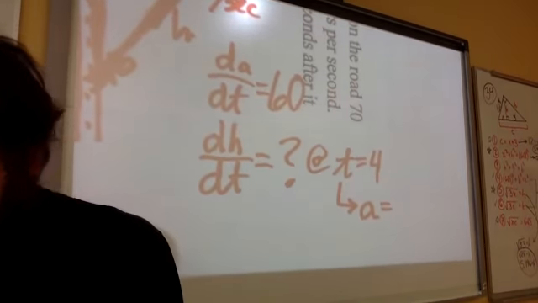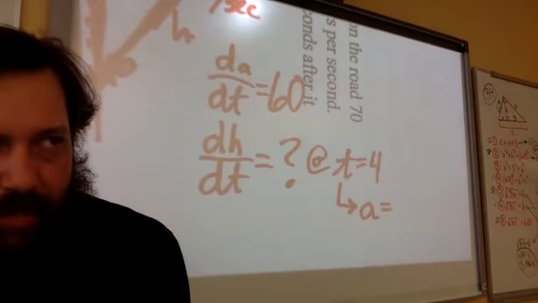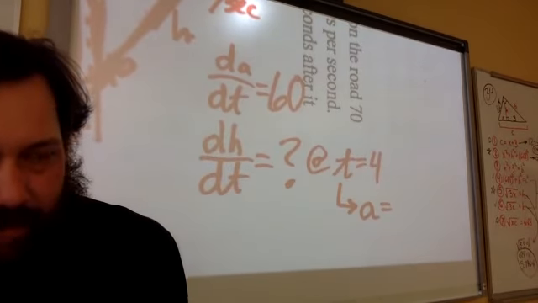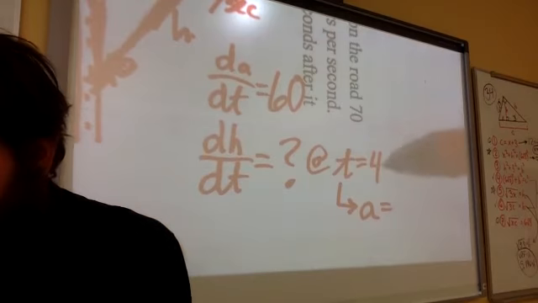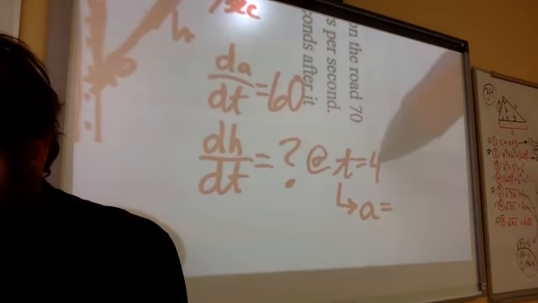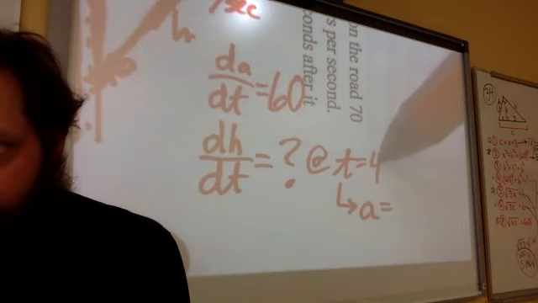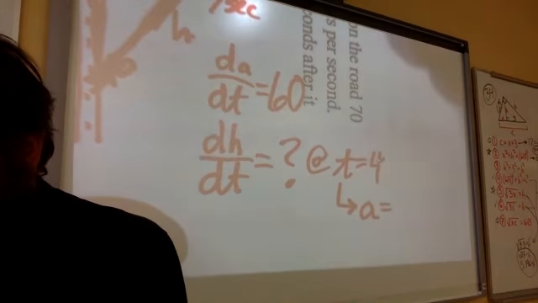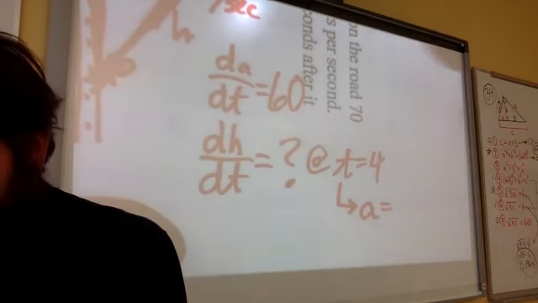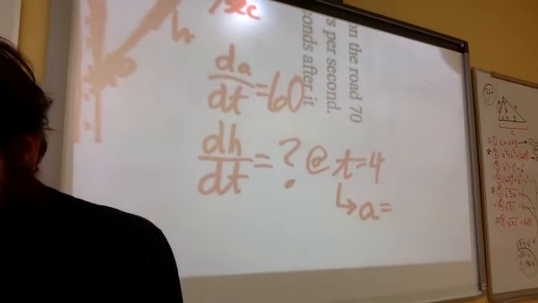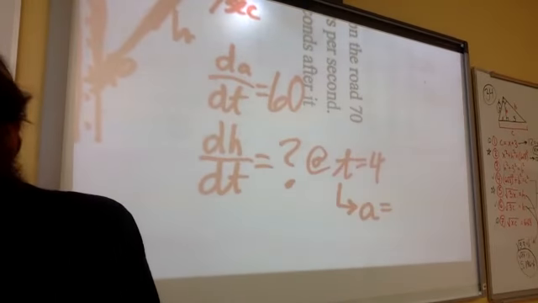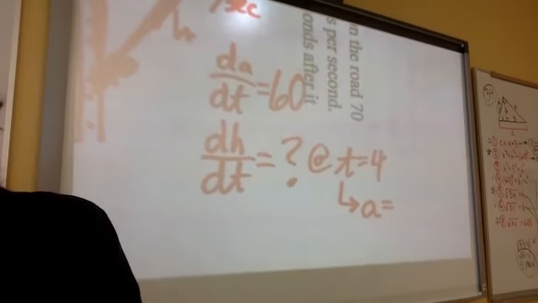60T. So let me take it down to layman's terms. The distance A increased by 60 meters every second.